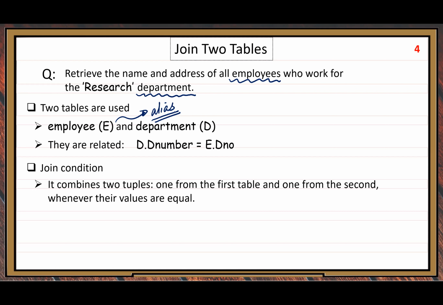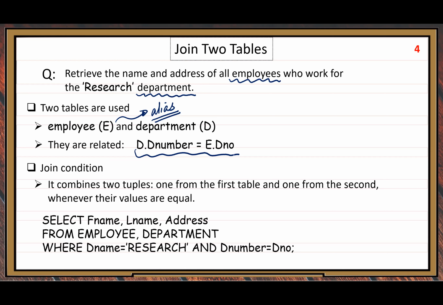One from the first table and one from the second, whenever their values are equal. When the values are equal, we can make that join operation. Okay. All right, so let's look at the solution. This is the SQL statement.